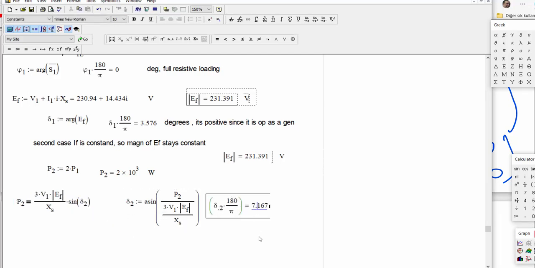So it is 7.1216 degrees. Again, it is positive due to generator operation. Degrees, positive, due to generator operation.